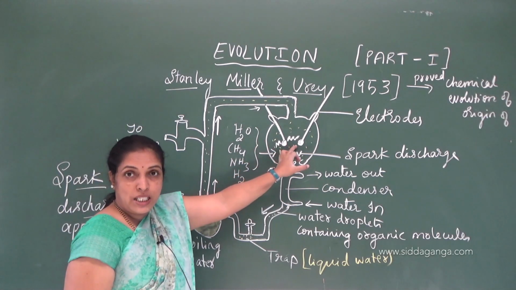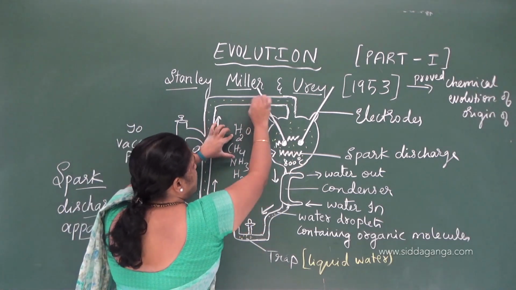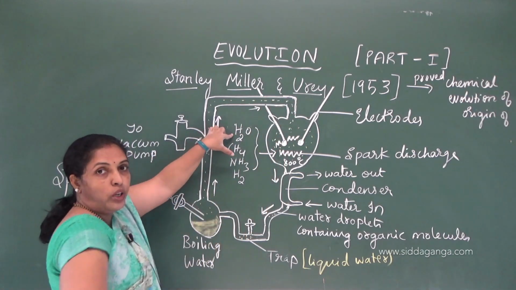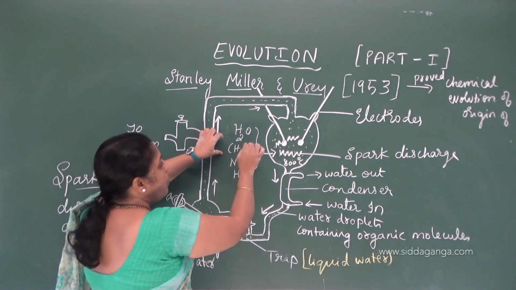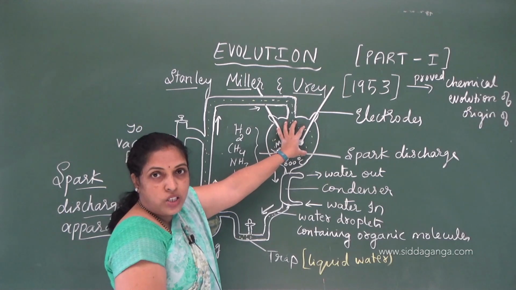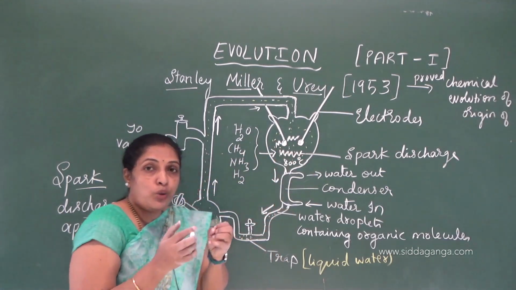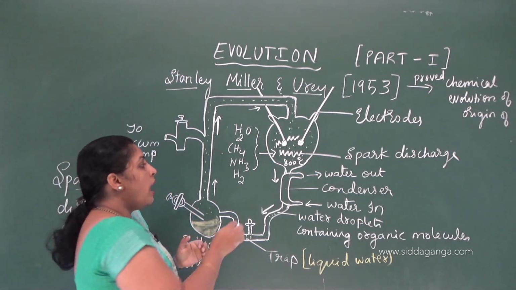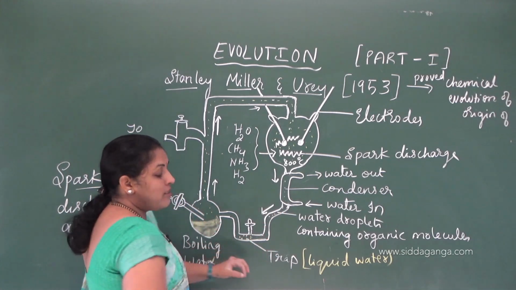In this spark discharge chamber, water is present in the form of water vapor due to the presence of high temperature, and they introduced methane, ammonia and hydrogen into the chamber, where all these inorganic molecules react with each other, condense and are collected in a trap.